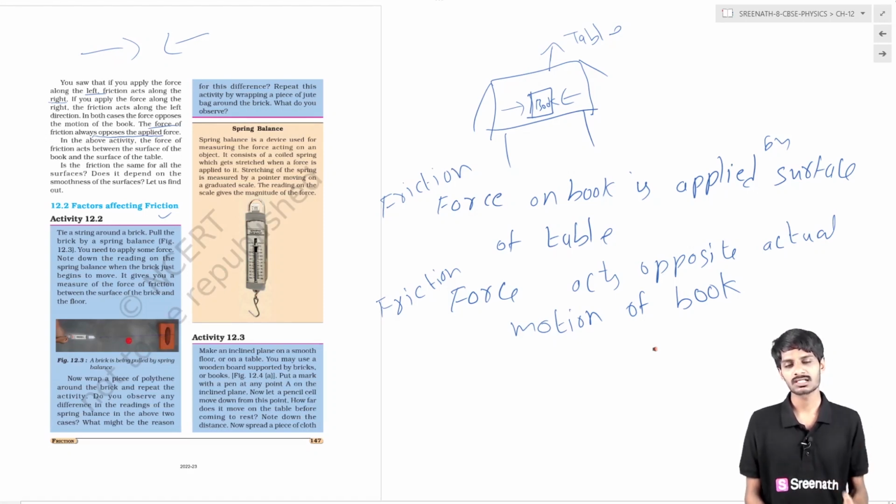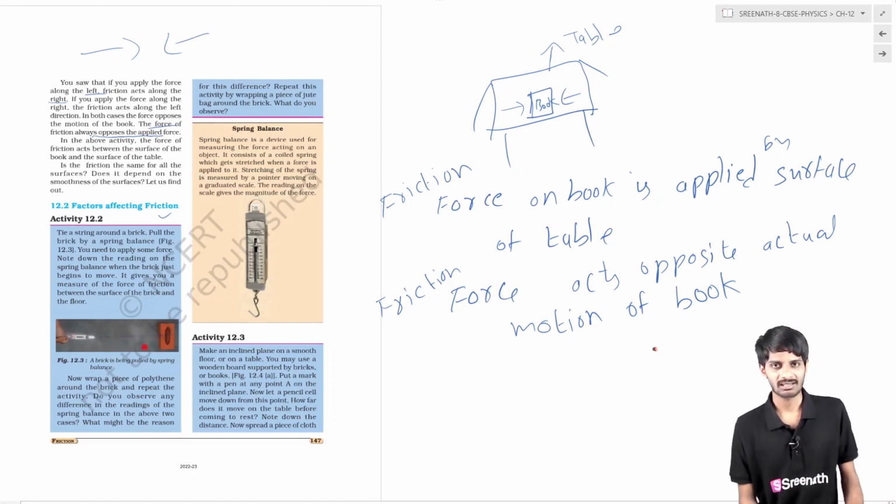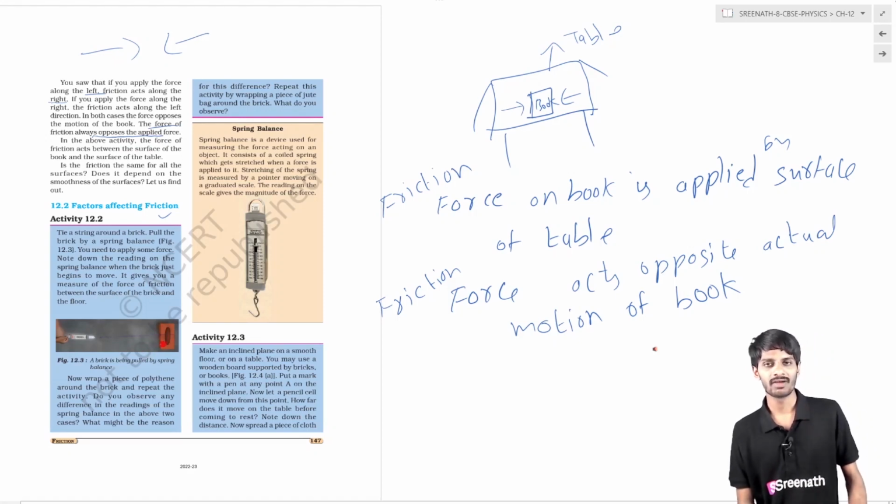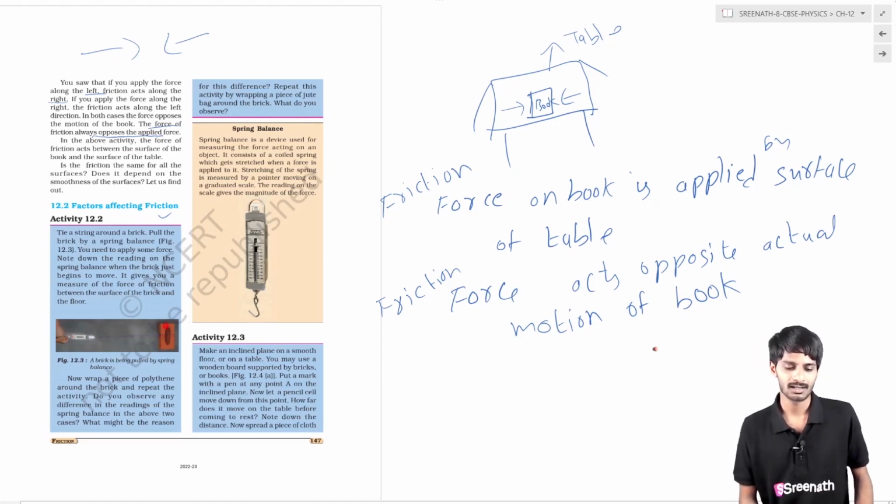After seeing those results, what you will observe is that when you have wrapped the brick with some polythene, the force required to pull the brick is less when compared to the force we applied when there is no polythene.